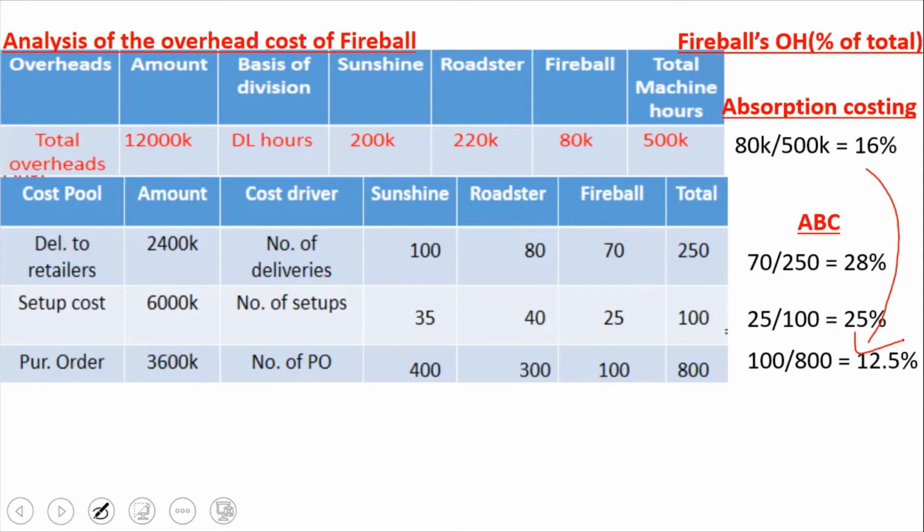So when we are explaining the loss of Fireball under ABC, you do not need to consider the purchase ordering cost simply because the percentage has declined for ABC.